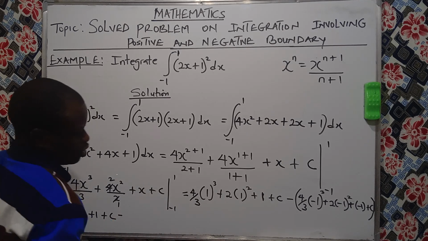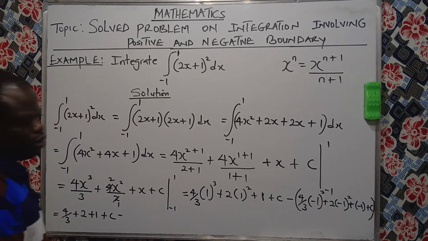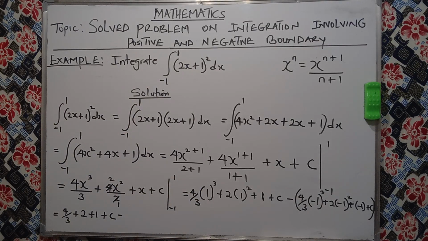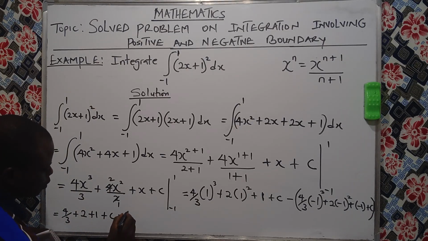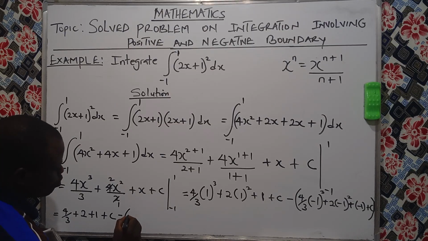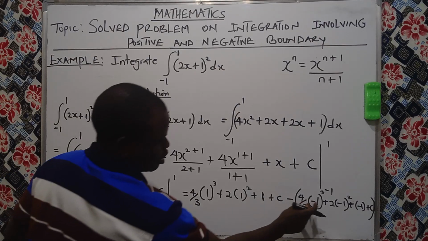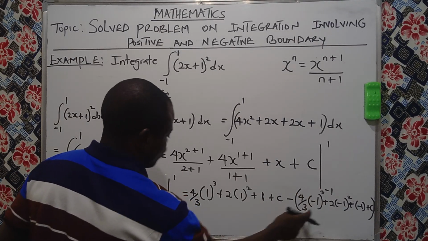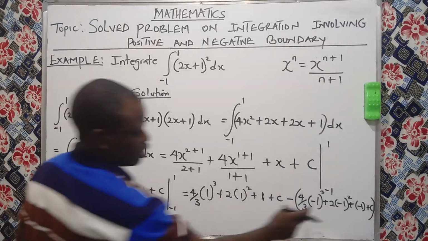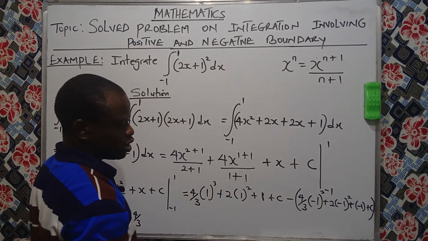Minus this: minus 1 cubed. Minus 1 raised to power 3 is minus 1, times 4 over 3. That's minus 4 over 3. Minus 1 squared is 1. Negative and negative turn to positive.